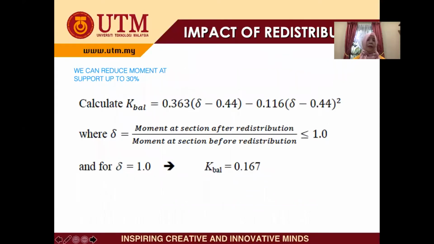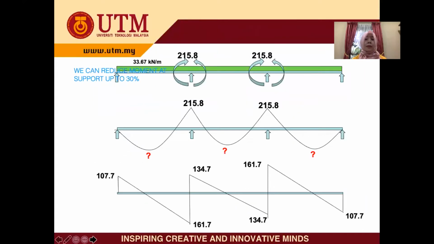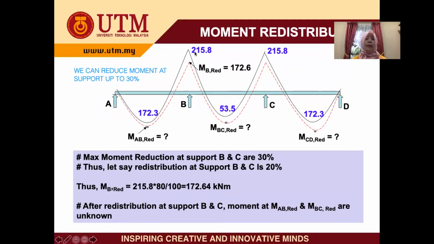Therefore, when we reduce here as much as 20%, at span AB it's not necessarily that here will also increase as much as 20%.